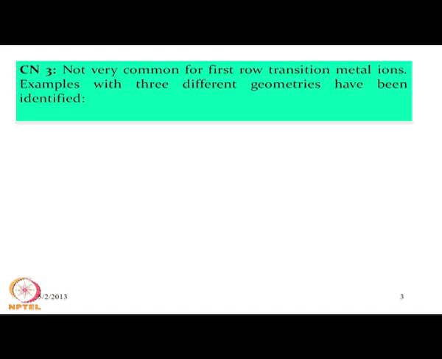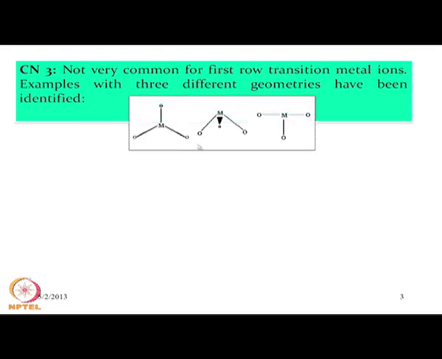Now, we just simply move on to a coordination number of 3. In this particular case, which is not very common for first row transition metal ions, examples with 3 different geometries have been identified. So, how can we get those 3?